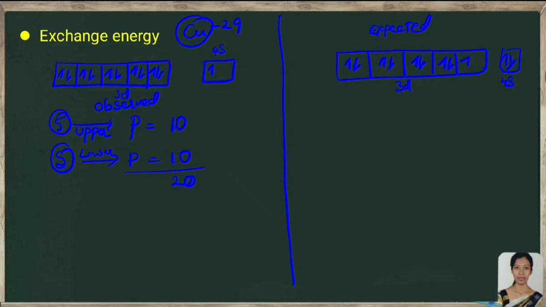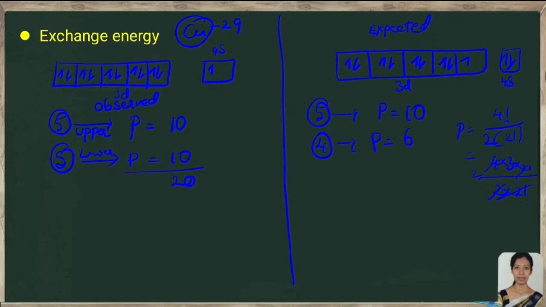Here in the expected configuration we have 5 upper spin electrons, and the number of exchanges for these 5 upper spin electrons will be 10. We have 4 lower spin electrons. For this, if you calculate, 4 factorial divided by 2 into (4 minus 2) factorial, that is 2 factorial. If you calculate the number of exchanges, 4 into 3 into 2 factorial divided by 2 into 2 factorial, the 2 factorials get cancelled, 2 ones are 2, 2 twos are 4, so 2 into 3, 6 exchanges.